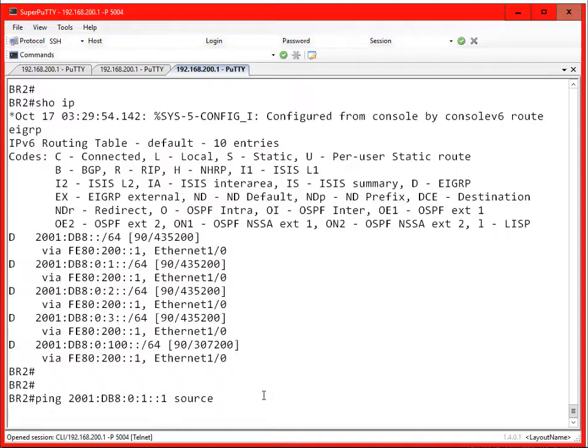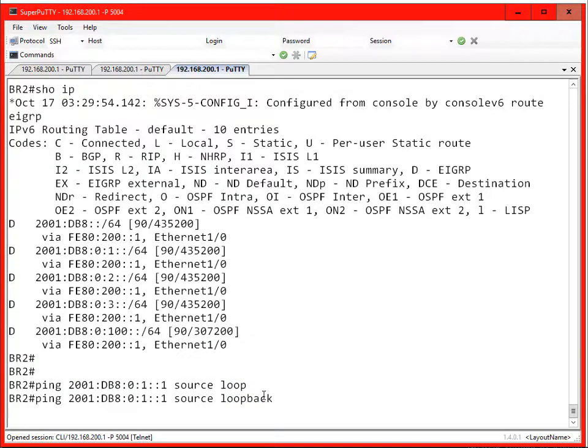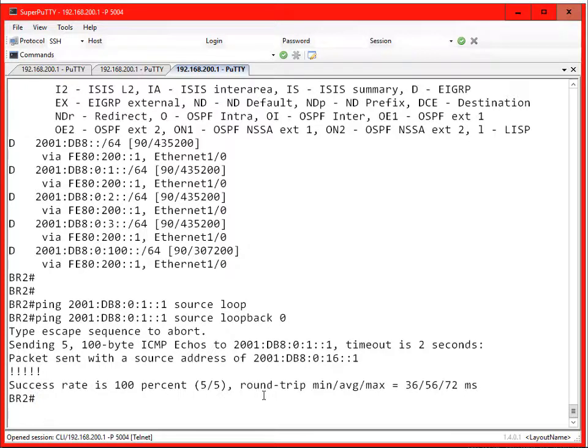But if I want to check actual routing, I could specify a source of a different interface. In this case, I'm just going to specify a source of my loopback 0. So that tells me that I can route from LAN to LAN, essentially, because our loopback interfaces are simulating a LAN connection. All right. So we've got reachability, and again, we can ping link local addresses as well.